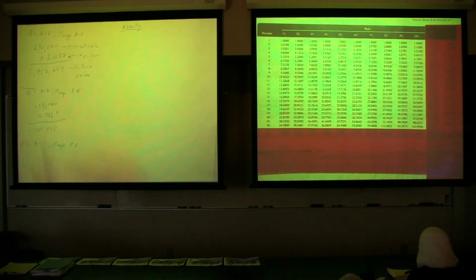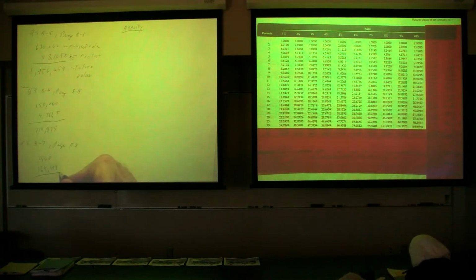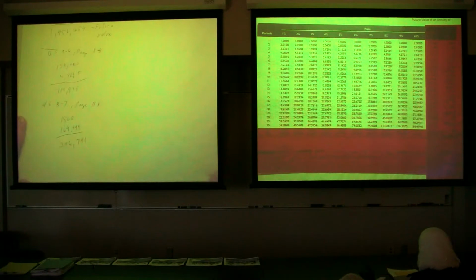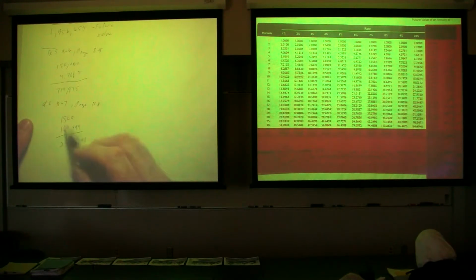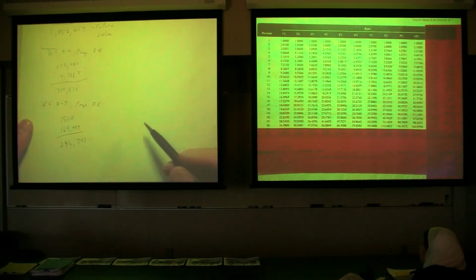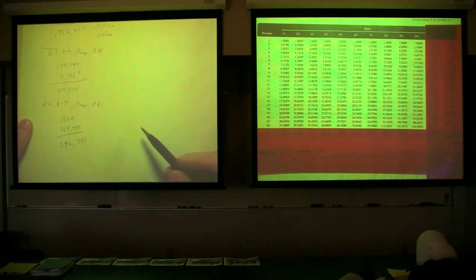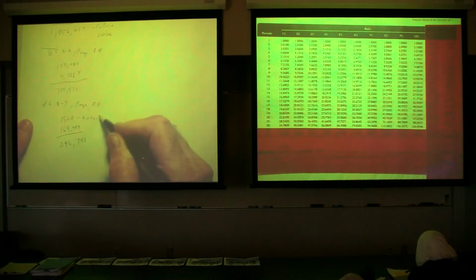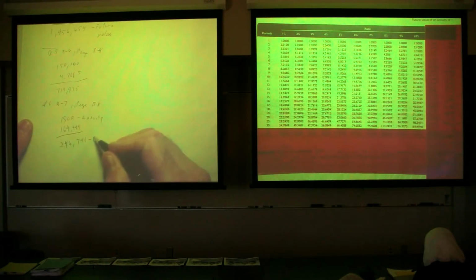The annuity is $1,500. The factor is 164.494. That means the future value of that annuity will be 246,741. So if she puts $1,500 aside each year for 30 years at 10%, here's what it will grow to. So here's the annuity, and here's the future value.